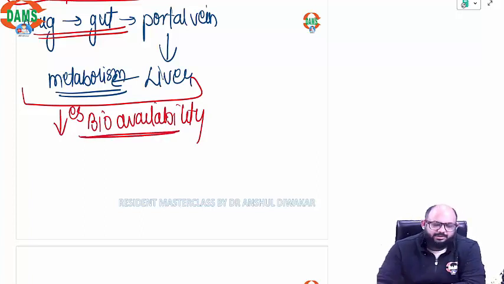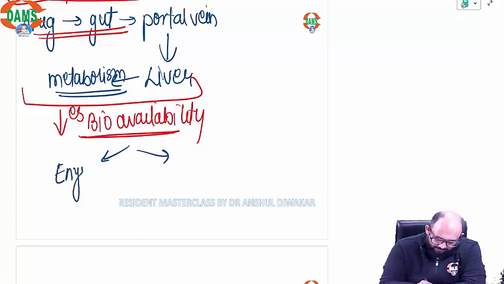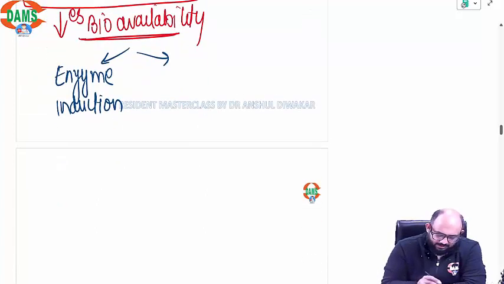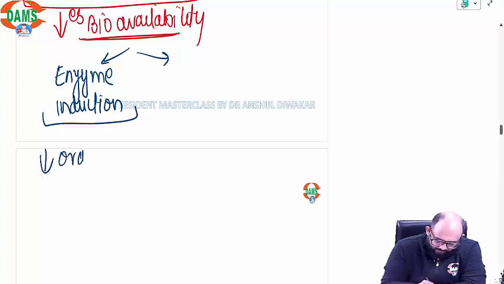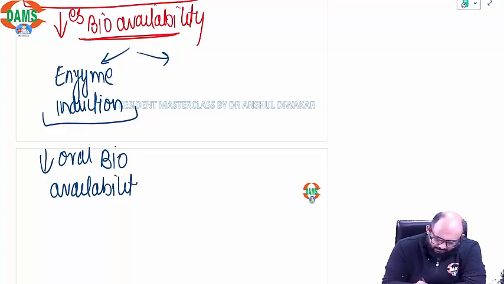So any factor that is going to cause enzyme induction, that is increase the activity of liver enzymes, enzyme inducing agents will decrease oral bioavailability.